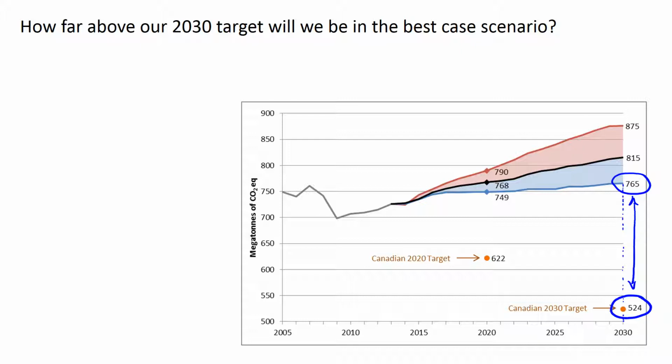So it's going to be 765, well, that's going to be megatons of CO2. So 765 megatons. Subtract the 524 megaton goal.